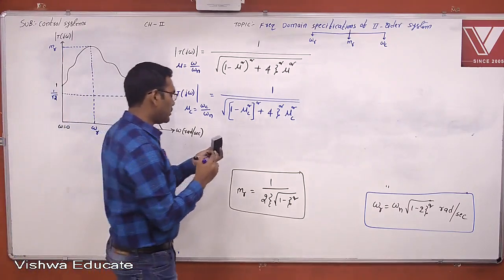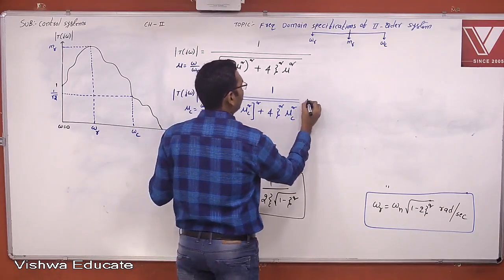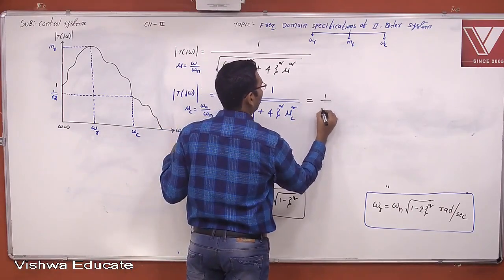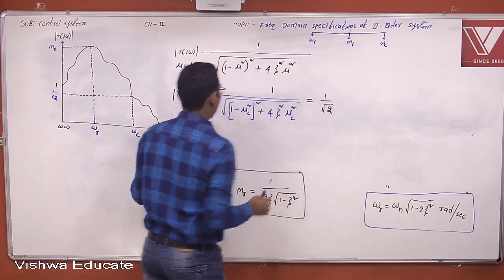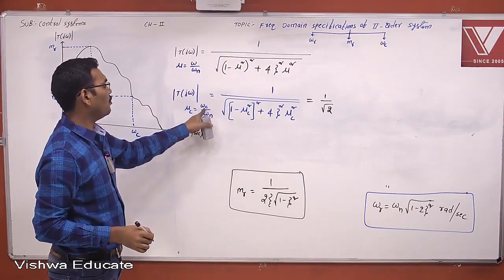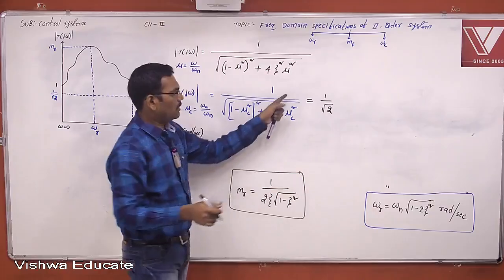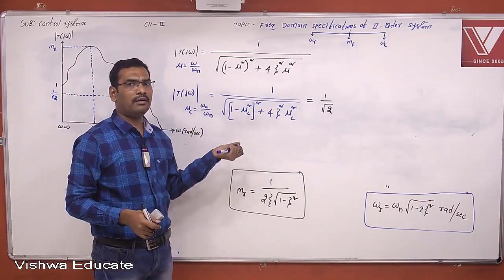So what is the derivation for this? This is the magnitude. If this magnitude is equal to 1 by root 2, that particular frequency is omega c, which we call mu c. I just give the analysis, you do it.